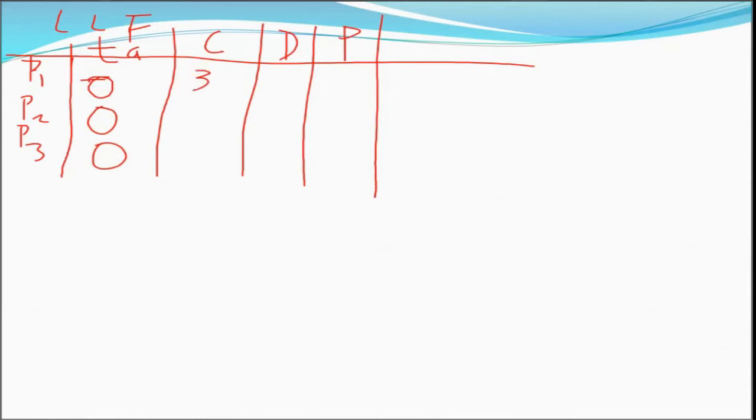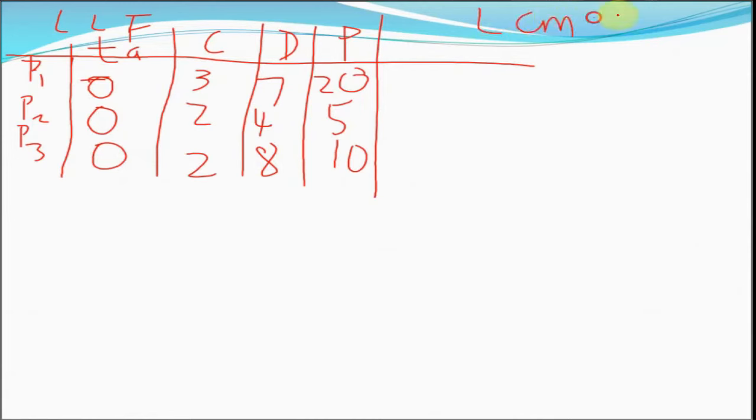And we keep this as 3, 2, 2, 7, 4, 8, 10, 5, 10, maybe we'll make this 20, 25, 10. Okay. So with least laxity first, we also need to calculate the LCM, and the LCM is 20, which is a hyper period.